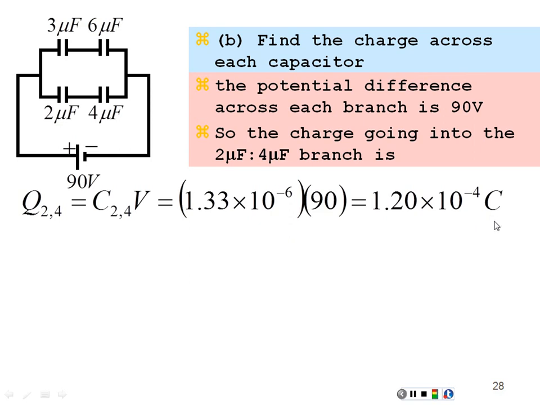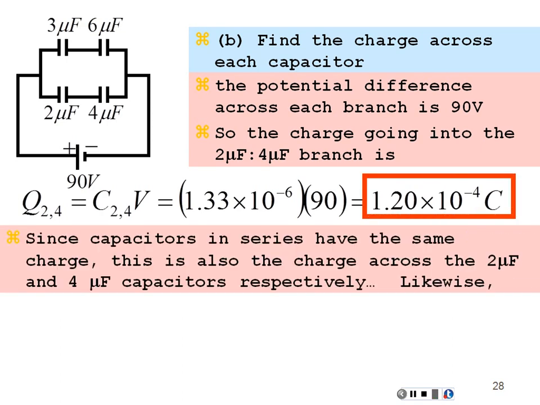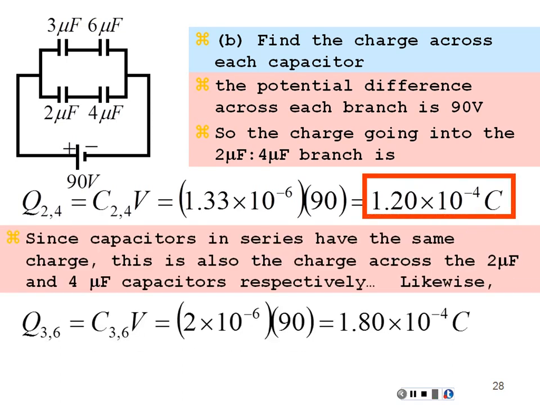Now, since things in series have the same charge as their equivalent capacitance, this will be the same charge that's on the 2 microfarads and the 4 microfarads. For the 3 and 6, we'll take the 90 volts across the equivalent capacitance of that series combination, which was 2 microfarads.